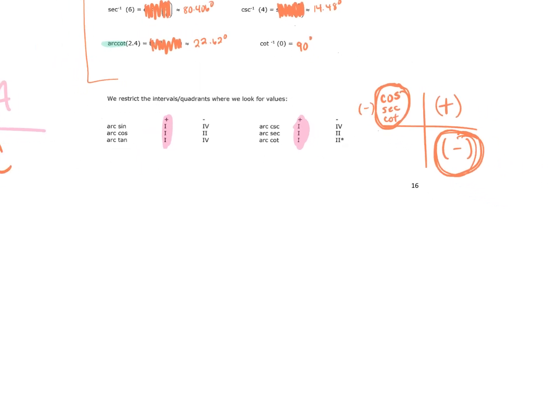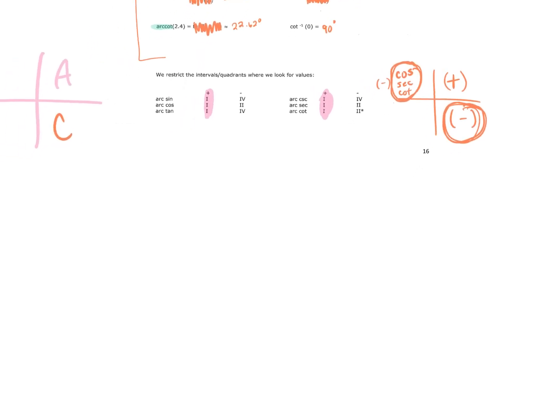For some of us who are more visual people, I want to share a little chart for you on this as well. Bear with me, because you're probably thinking, what in the heck does this mean? How are we using this? But it will make sense in just a second, I promise. So if we are looking for an arc sine or an arc cosecant, then if the value is positive, we're going to look in quadrant 1.